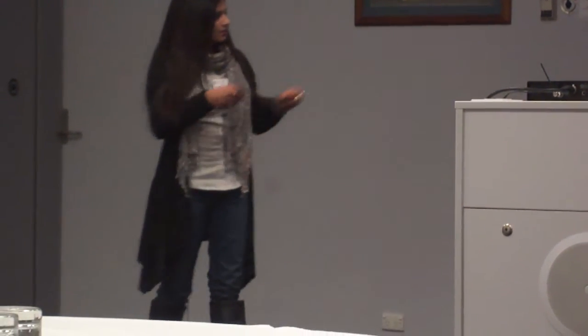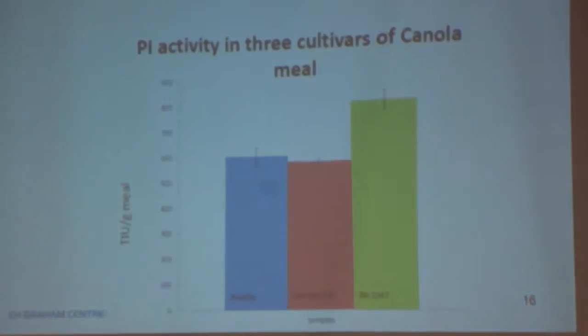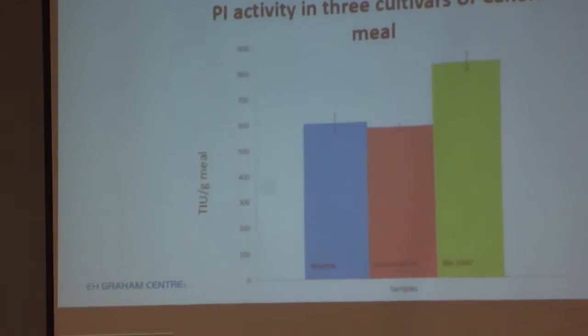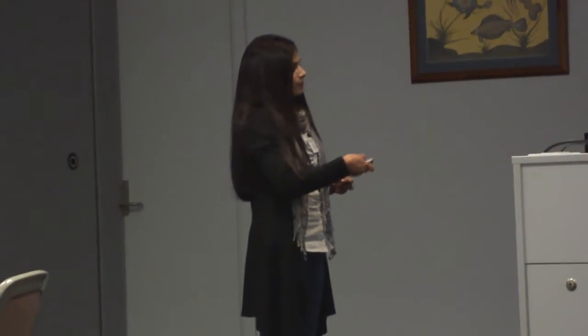Here in this chart, we can see the x-axis and y-axis. On the x-axis, there are three samples which show the protease inhibitor activity in 3 cultivars of canola meal, while on the y-axis, it is trypsin inhibition unit per gram of the meal.